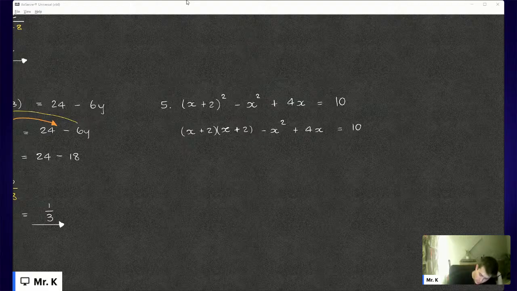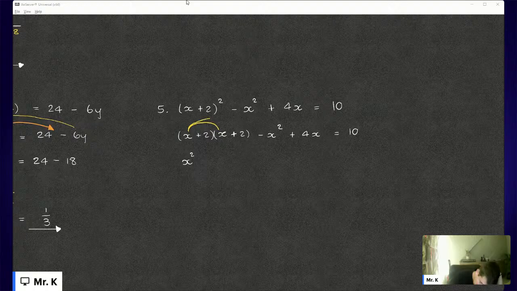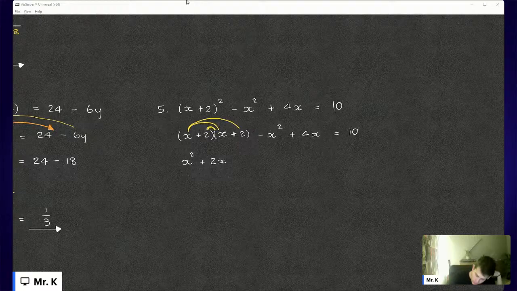Now, over here, we would want to use FOIL. We multiply the first terms, which gives us x squared. The outer terms is 2 times x, which is 2x. Then we do the inner terms. Again, 2 times x is 2x.